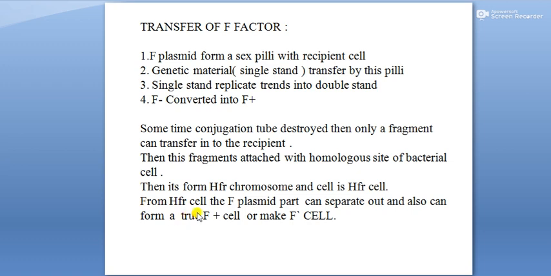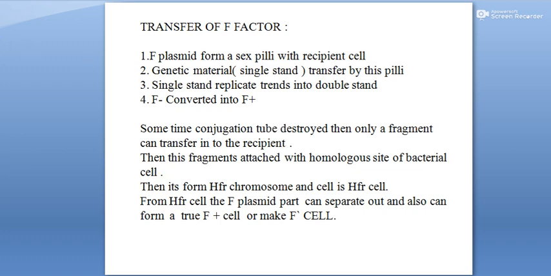From the HFR cell, the F plasmid part can separate out and can form F plus cells or make F prime cells. Those HFR cells, which contain the chromosomal DNA and part of the F factor plasmid, can form true F plus cells and also F prime cells.